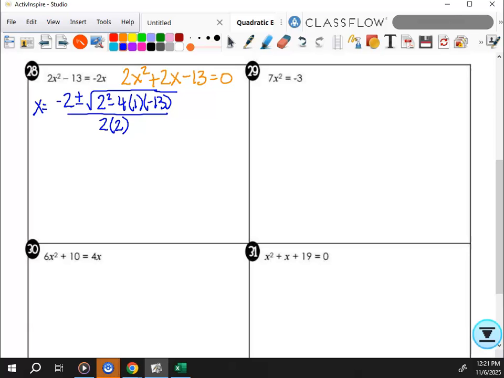You're supposed to be doing it and checking it, not just copying mine down. You can keep going if you've gotten there. Just check yourself and then move on.